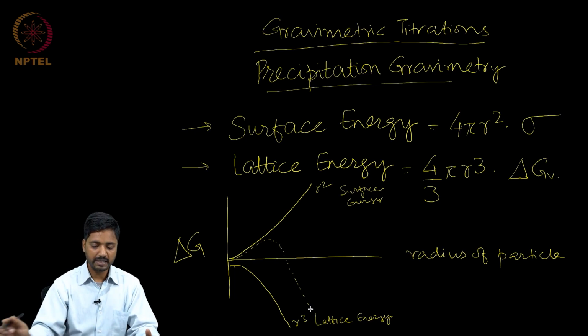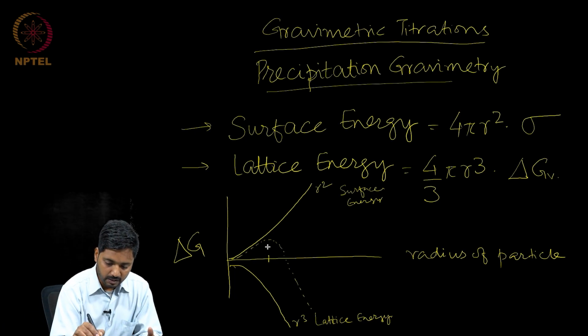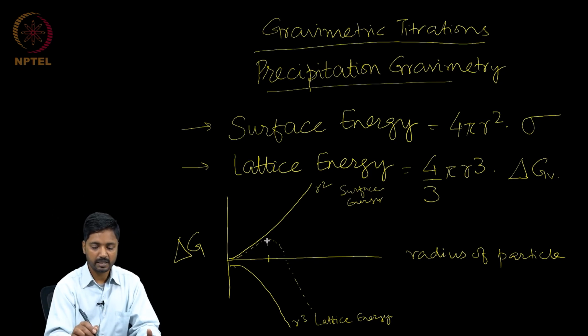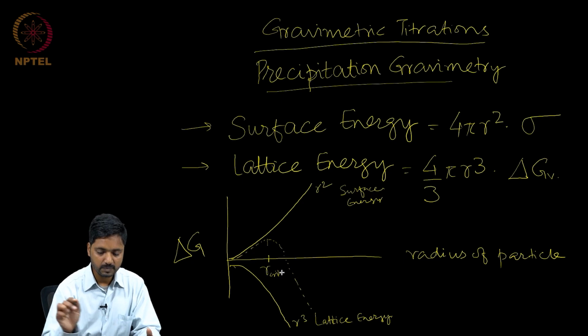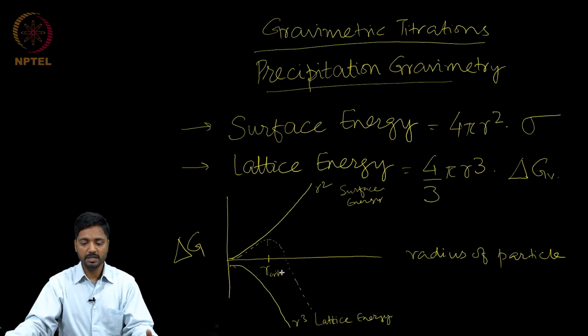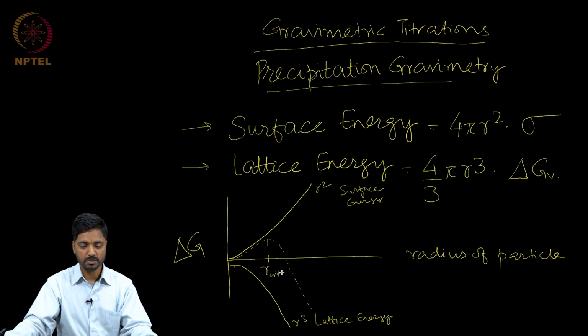Up to a certain radius of the particle, which we denote as the r critical, the particle formation is not an energetically favorable process, because the surface energy term dominates over the lattice energy term. As the particle becomes bigger and bigger, the lattice energy term starts dominating the total free energy of the particle, and it becomes a spontaneous process for the particle to grow.